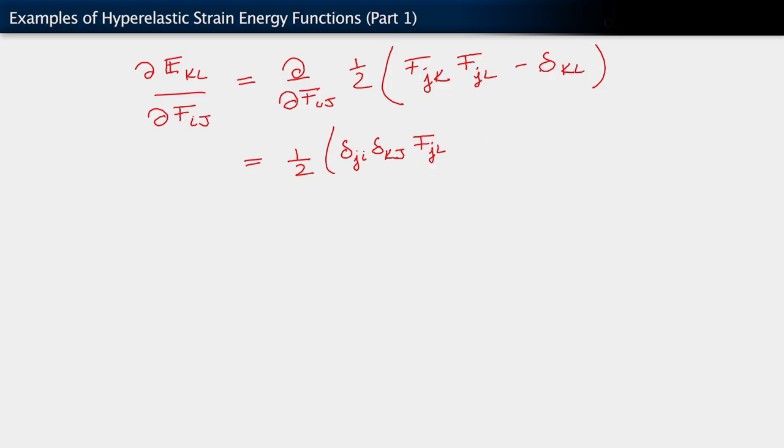Okay, and of course the derivative of the Kronecker delta, delta_KL, with respect to F_iJ is 0. Okay, so we ignore that term, right? And the next term we get will be F_jK coming along for the ride, and the derivative applied now to F_jL. Likewise that will give us delta_ji delta_lJ.